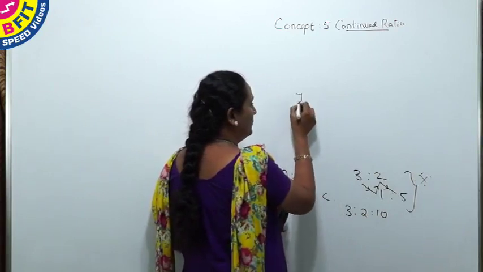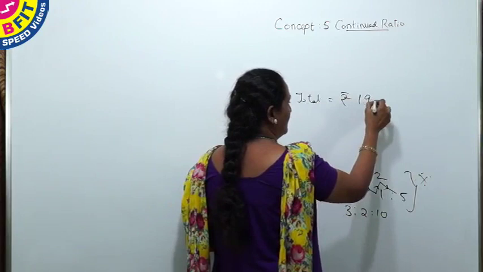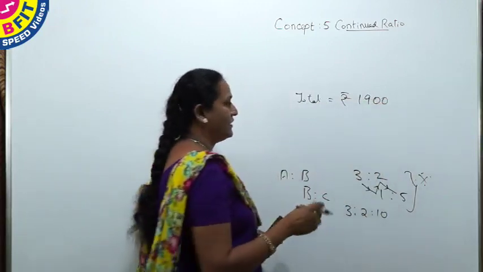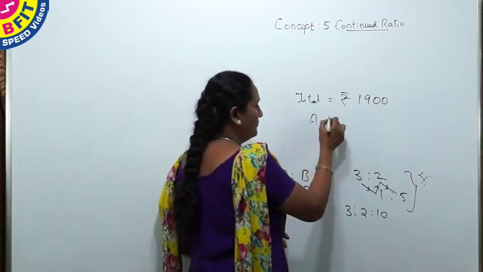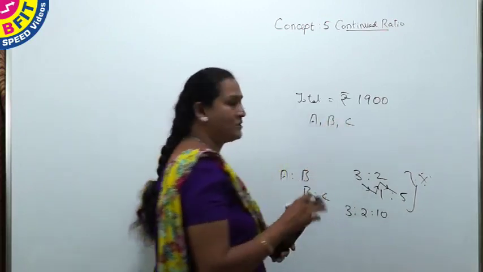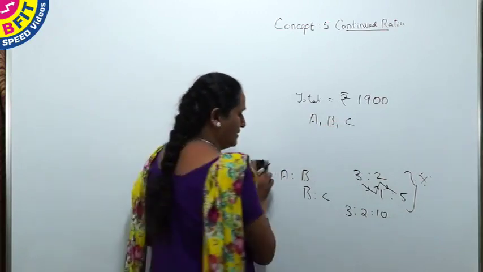Say the total amount available is rupees 1900. This amount has to be shared among these 3 persons, A, B and C.